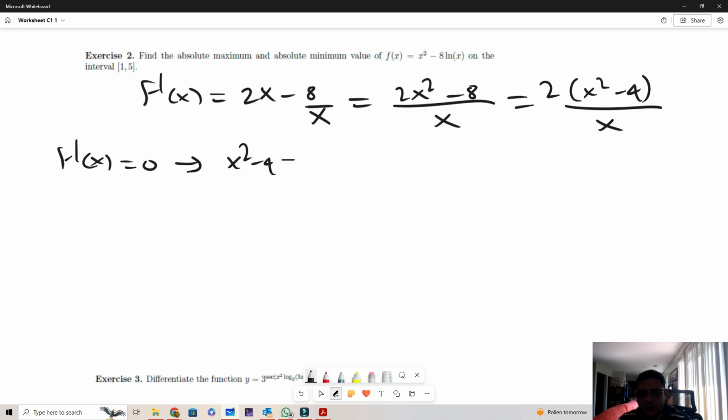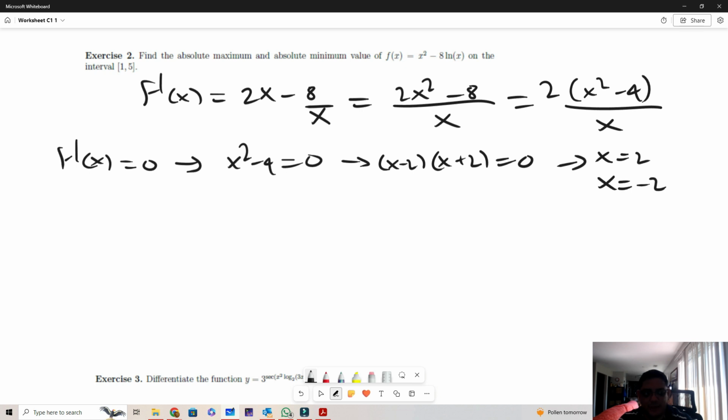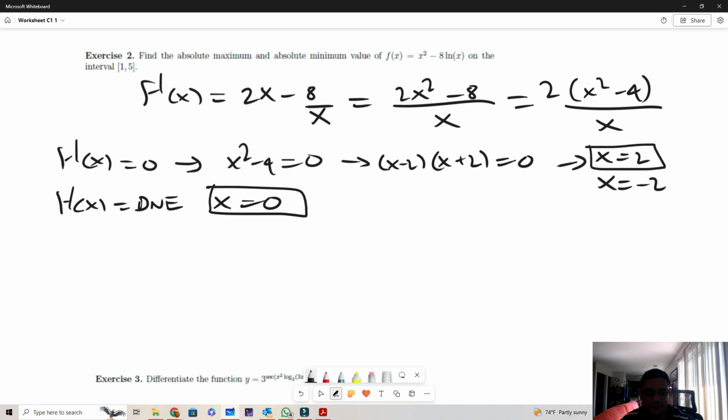So x squared minus 4 equals 0, that's x minus 2 times x plus 2 equals 0, which means x equals 2 or x equals minus 2 are the possible solutions. Now f prime of x does not exist when x is equal to 0. So these are my likely critical points: 2, -2, and 0.